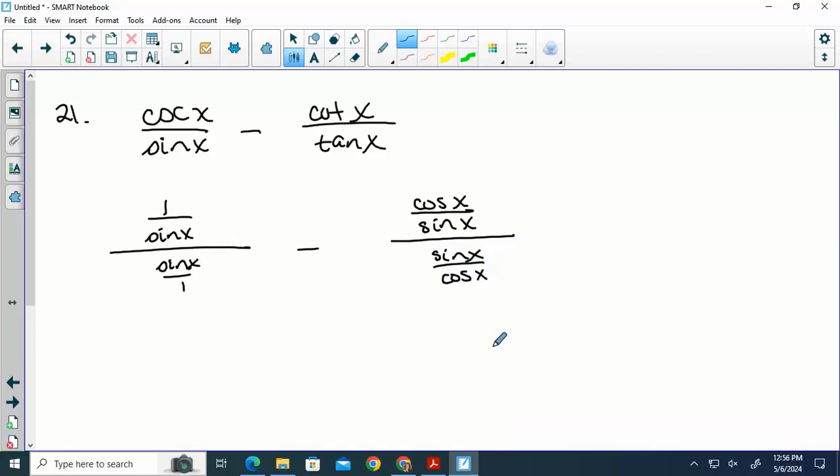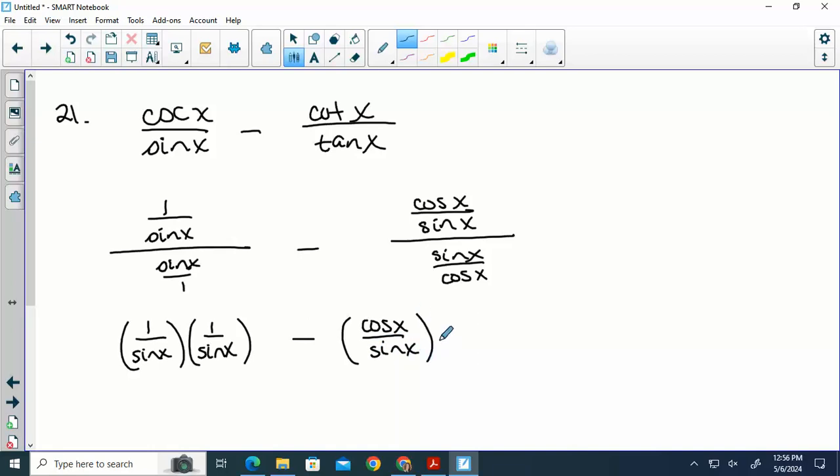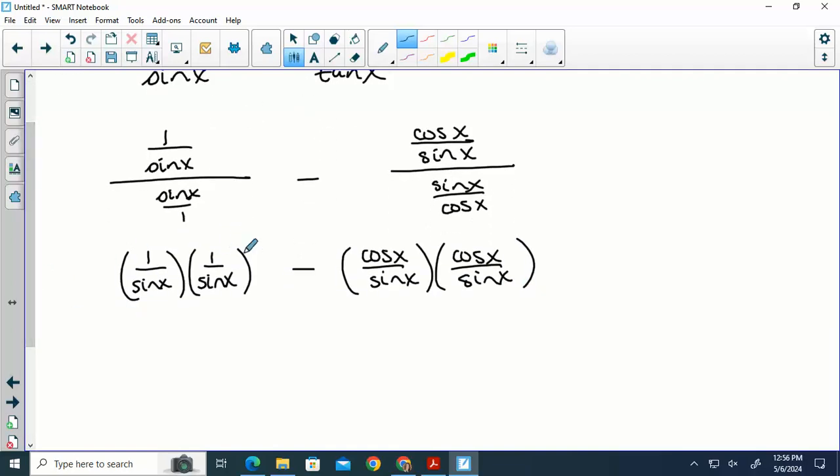How do we divide fractions? Multiply the tops. 1 times 1 is 1. Sine x times sine x is sine squared x. Minus cosine times cosine is cosine squared x over sine squared x.